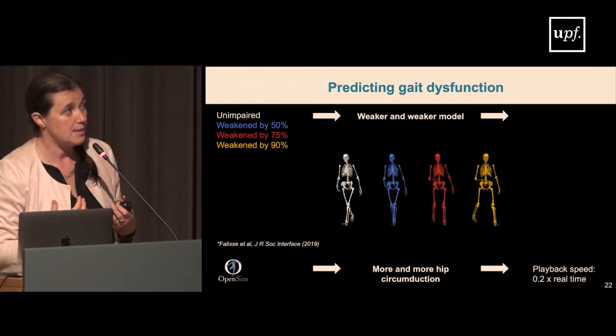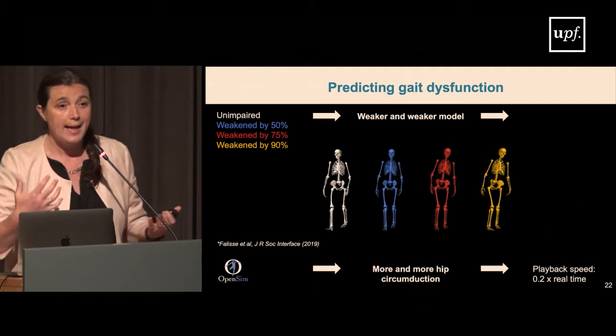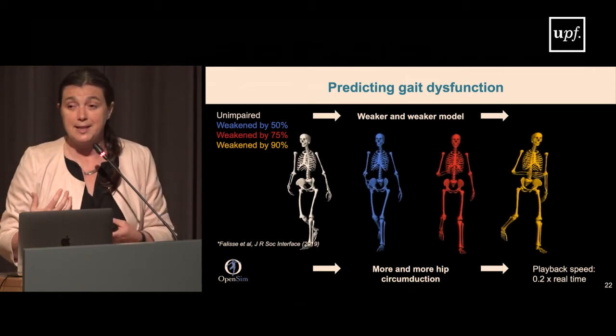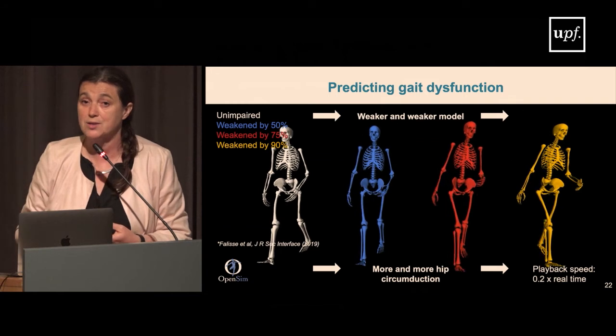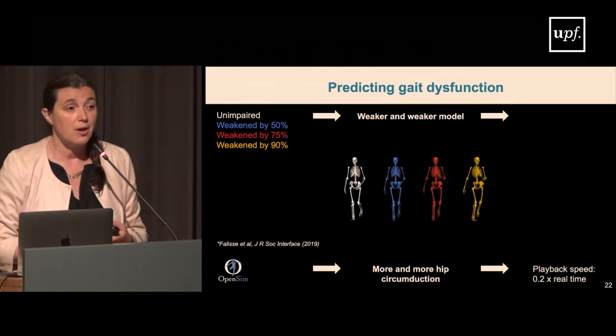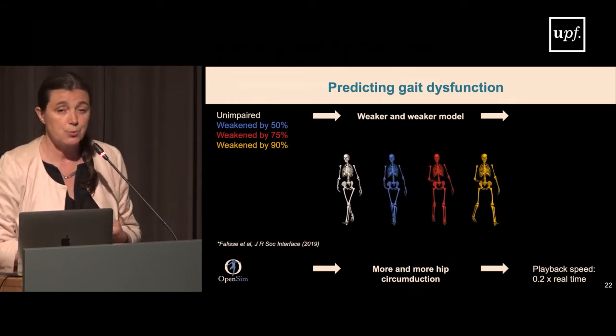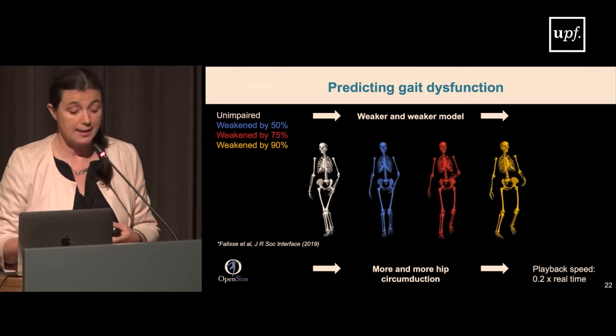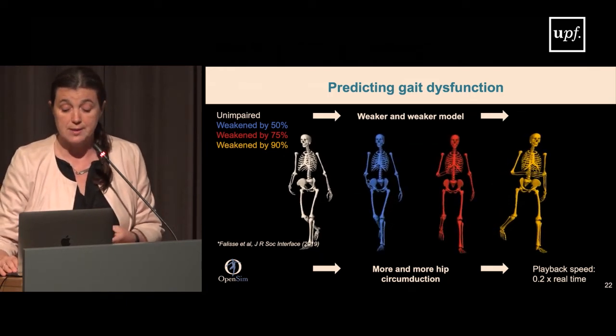And the pattern that we see here in the yellow model is this typical Trendelenburg compensation that is seen in a lot of patients who have weakness around the hip girdle. So we are actually able to use the model to try to understand why people are adjusting their gait pattern to, for instance, weakness.